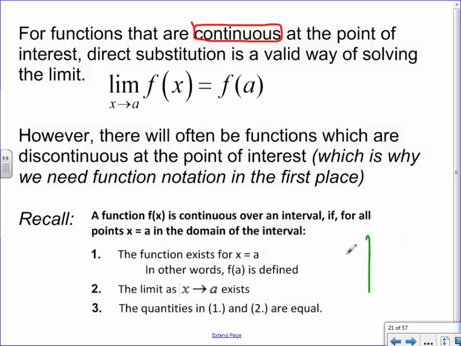If you were approaching from this side and this side, and you're approaching different locations, that doesn't work. So first of all, you have to be approaching there. There also has to be a point here. There can't just be a hole. The point couldn't be down here while you're approaching here. The point would actually have to be there as well. That's continuity. So basically what we're saying here is that as x approaches a, if you can plug in a, that would be continuous.